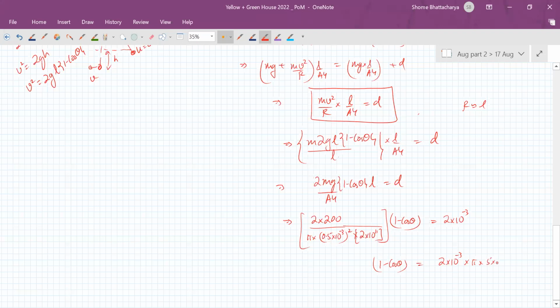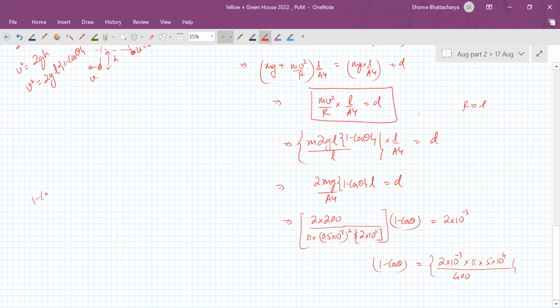So I write that as 5 into 10 raised power minus 7 plus 11. So that is 4 divided by 400 from this. Okay. So we'll get 1 minus cos theta as quite a small quantity.